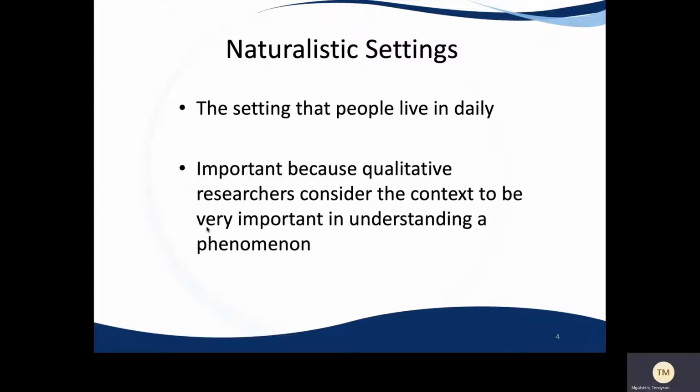So you would find that in qualitative research, this idea of a homogeneous existence between participants is definitely something that goes against qualitative research, because the view is that each person is more than just an individual going through whatever phenomena you're interested in, but they're an individual who is going through that phenomena and is impacted on by who they are, what their context is. So this idea of naturalistic settings is an important consideration within qualitative research.